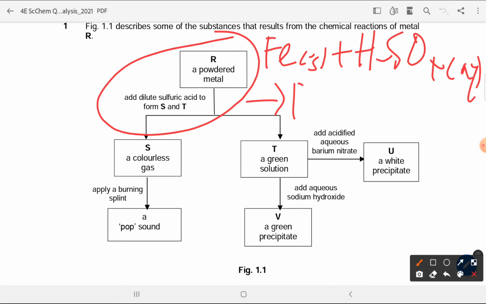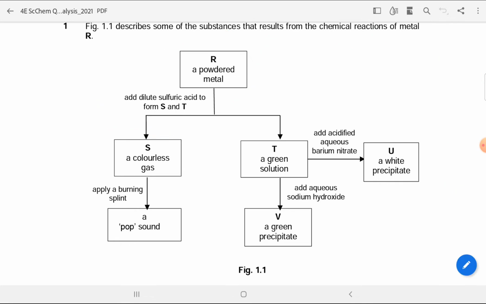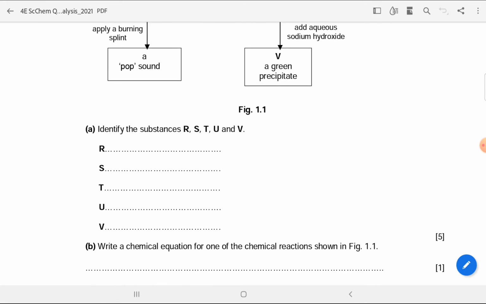And you get iron 2 sulfate, which is AQ, plus hydrogen gas, which is a gas. Okay, I think it's balanced. So this is the third possible answer. So there are actually three possible answers for writing the chemical equation.